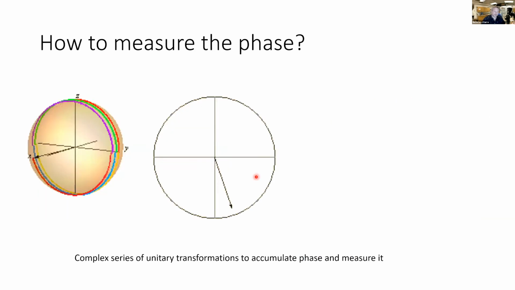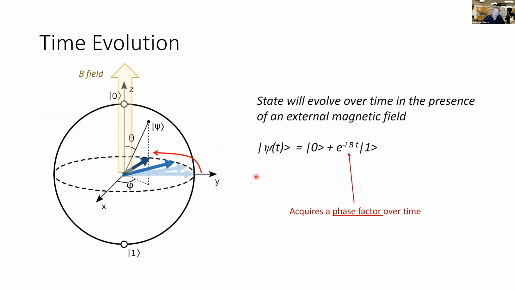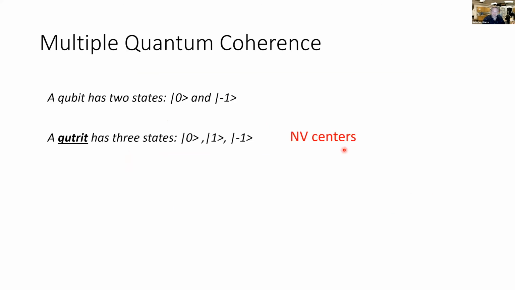Right. So in this slide here, we let this thing evolve on its own. Let's say the B field is constant. Over time, this phase factor is just going to oscillate, right? This factor is cosine(Bt) plus i sine(Bt). So to really measure B, it's very natural to just take the Fourier transform. If we can measure it over time, we can do that, and that's exactly what's going on in this figure here.